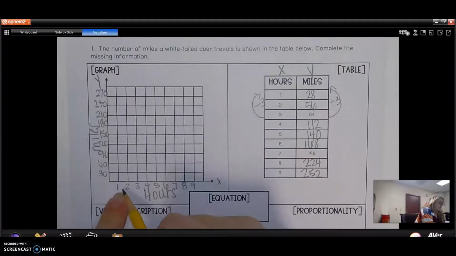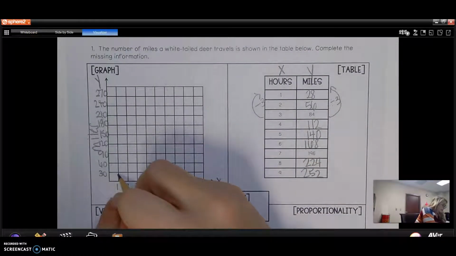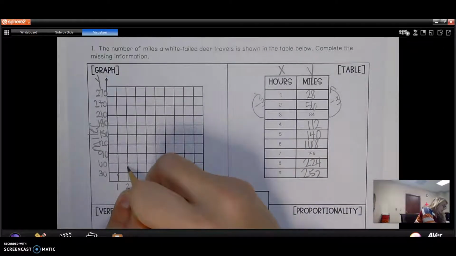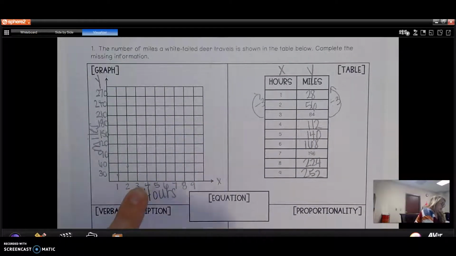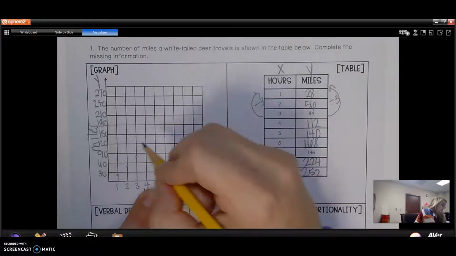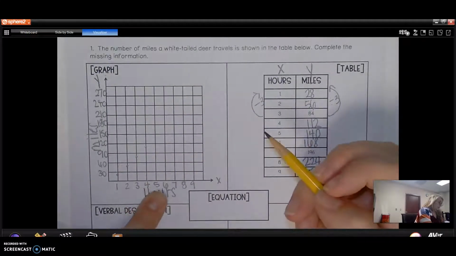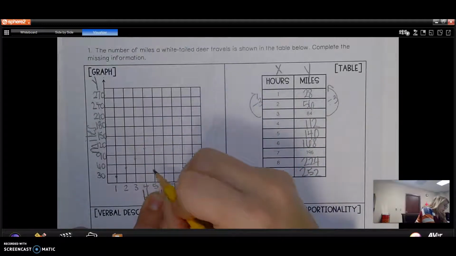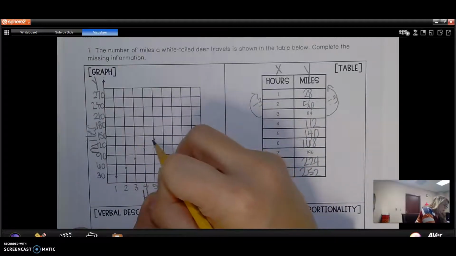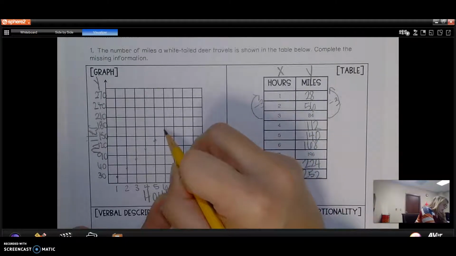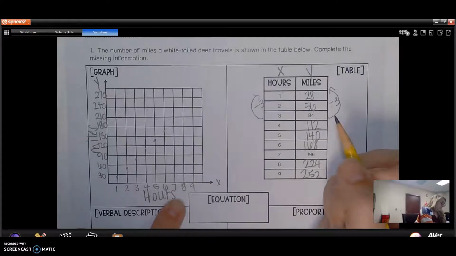Okay, so on my first hour, I can travel 28 miles. So I'm going to put that about right here. Okay, that also means that in 2 hours, I can travel at about 56 miles. In 3 hours, at about 84. In 4 hours, at about 112. And again, I'm just estimating this. In 5 hours, I can travel 140. In 6 hours, 168. So that would be somewhere around here.